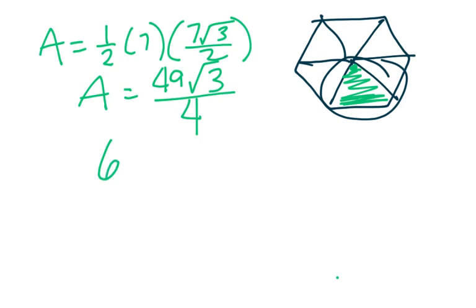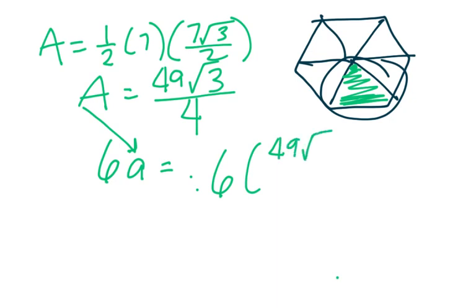So 6A, which is the hexagon, equals 6 times 49 square root of 3 over 4.